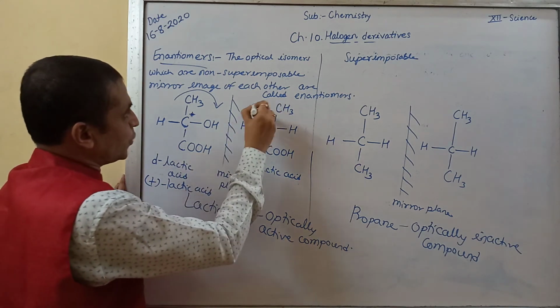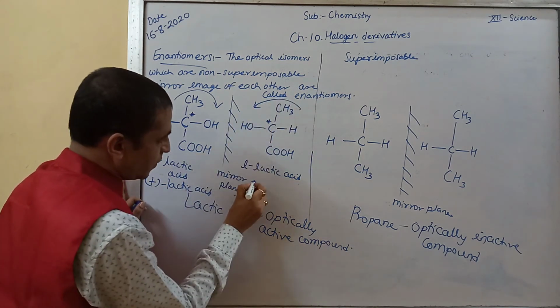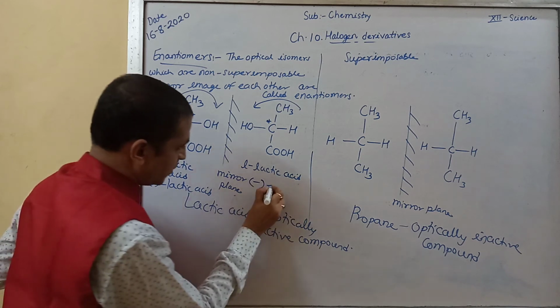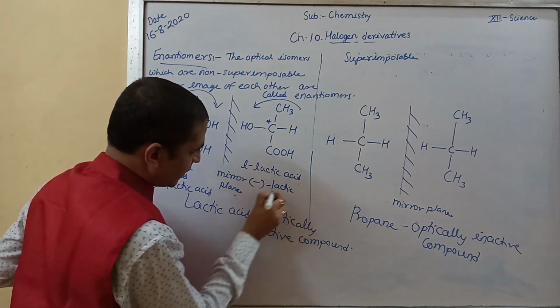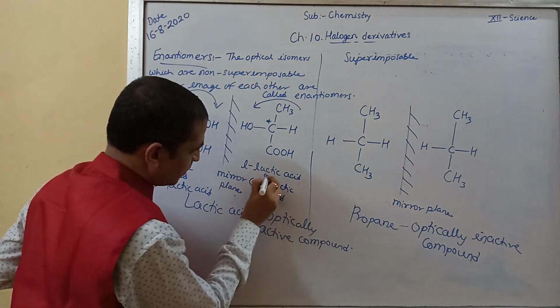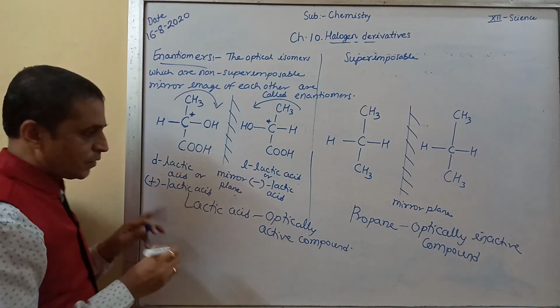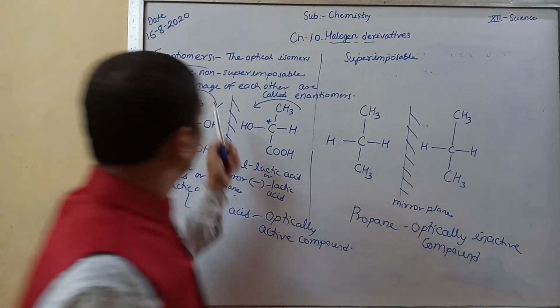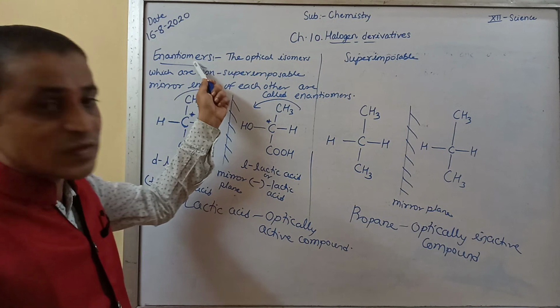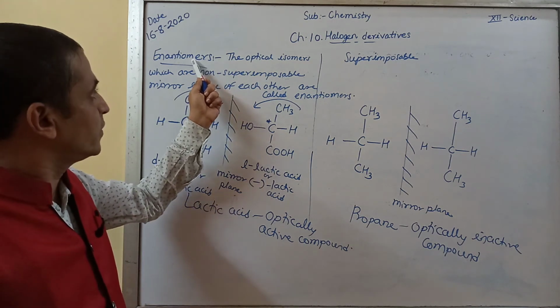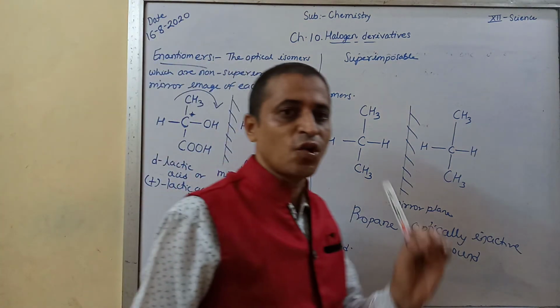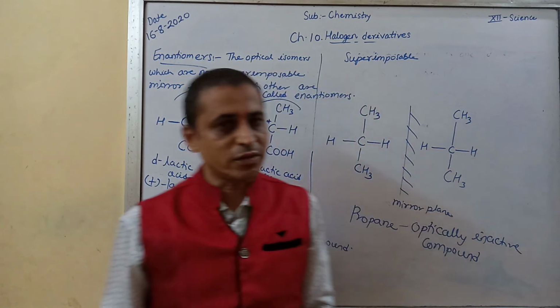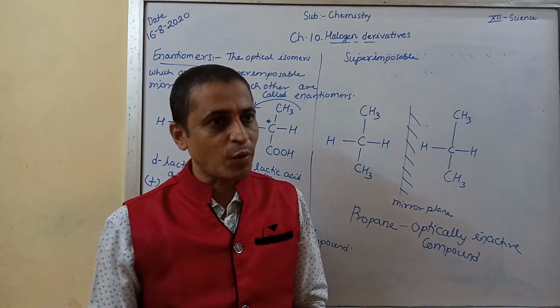And if optical rotation is anti-clockwise, then you get minus lactic acid. Follow? Enantiomers also have similar chemical properties except towards optically active reagents. All these are about enantiomers.